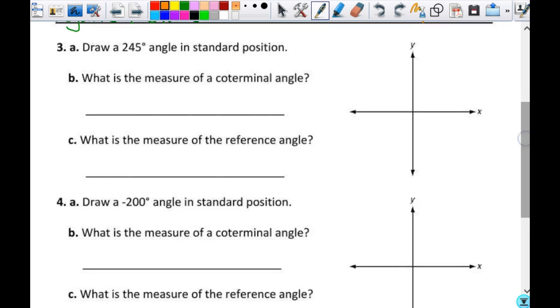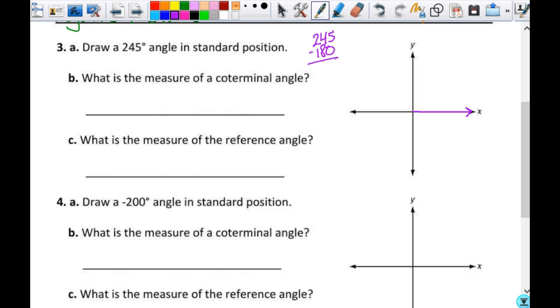All right, so now we're going to draw a 245 degree angle in standard position. So if it's in standard position, it starts here, right? And then 245, well, I know this is 90 and this is 270, so it's going to be somewhere in here, but I need to do this 180. No, I'm sorry. That's not what I want to do first. I want to do 245 minus 180, so I know about where to put it.